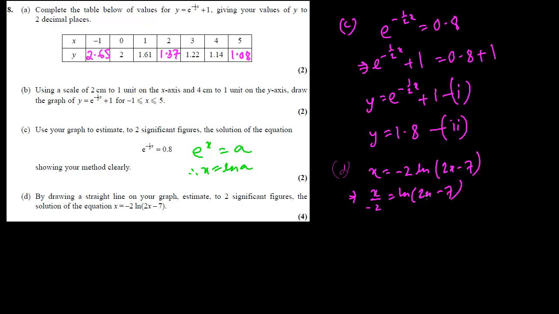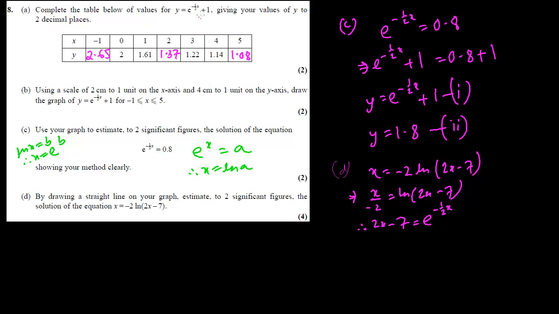Our idea is to find the equation of the line that we have to plot. On the left hand side, we need this equation e to the power minus half x plus 1. By using the rule that ln x equals something, therefore x equals e to the power that, we can write 2x minus 7 is e to the power minus x by 2, or minus half x. So we are already there.